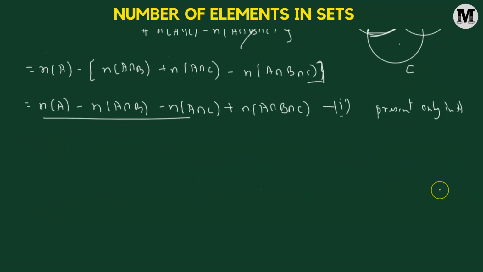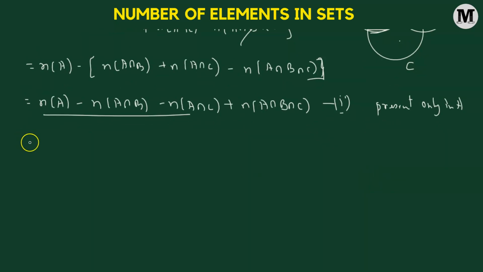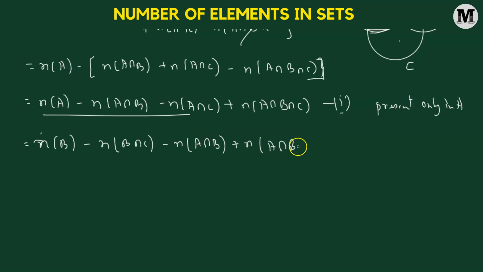Similarly, we can define the elements present only in B. So that's going to be the number of elements in the set B, and from there, we're going to subtract the number of elements common to B intersection C and the elements common to A intersection B, added to the total number of elements in A intersection B intersection C. This is number 2.